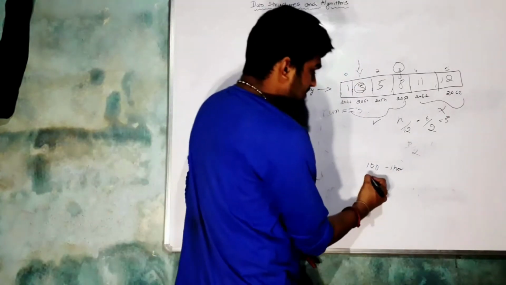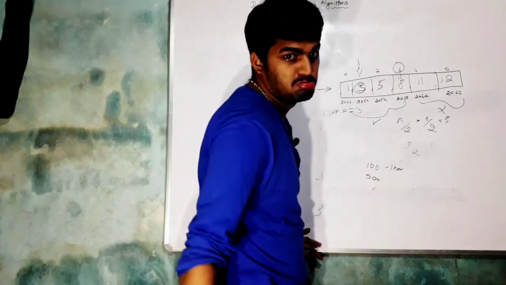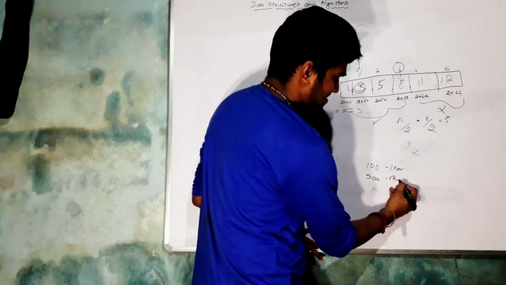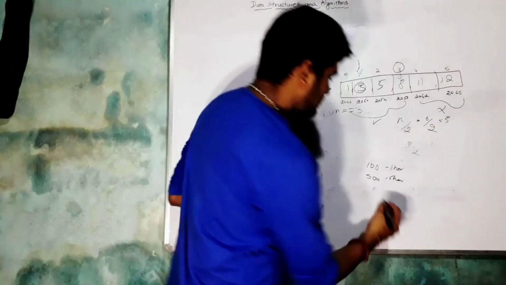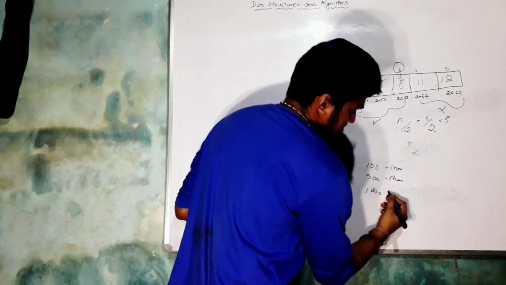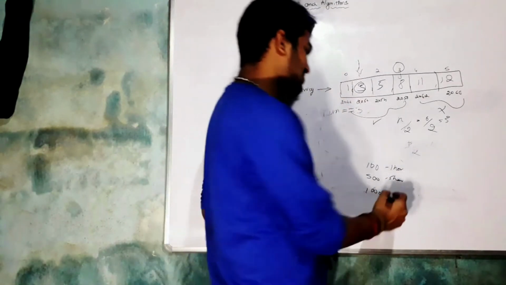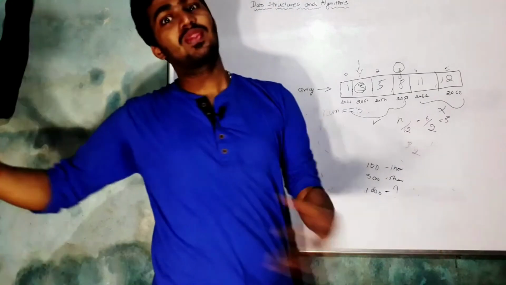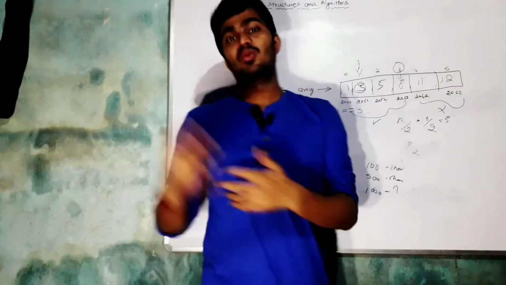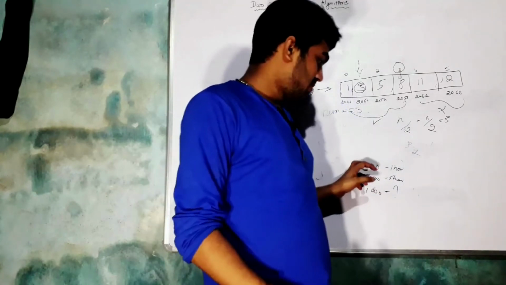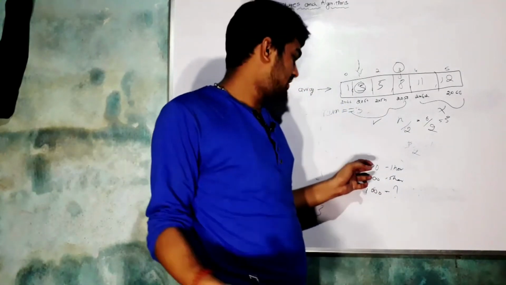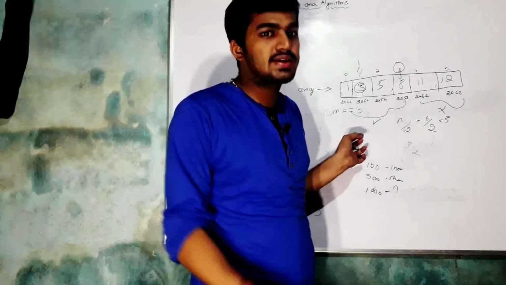So what if there are 500 books? 5 hours. What if there are 1,000 books? Don't know. What if 10,000 books, or maybe more than that? It will take more time, right? As there are fewer books, it will take less time, right?